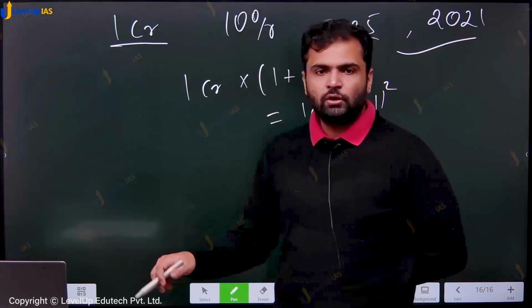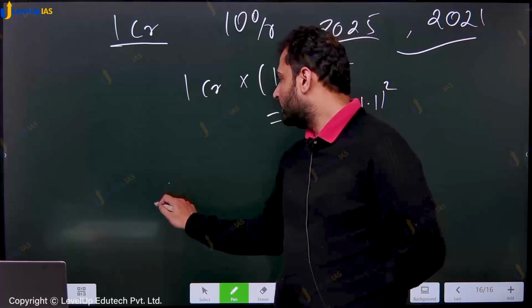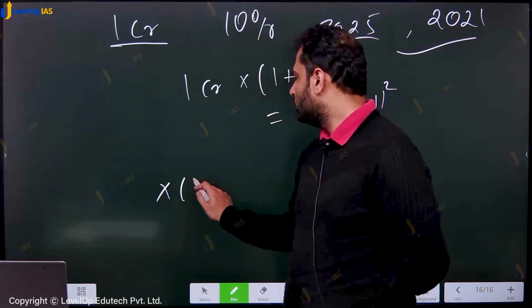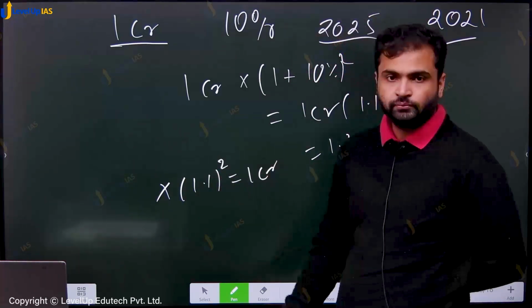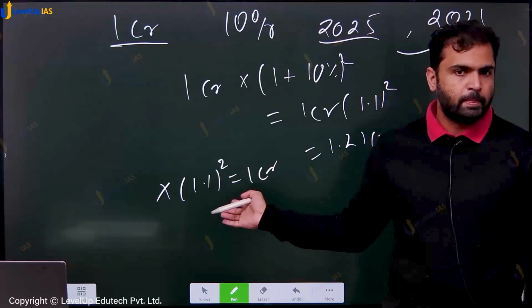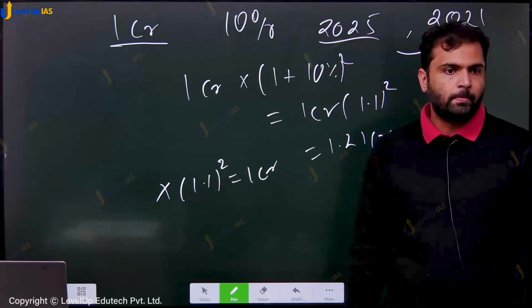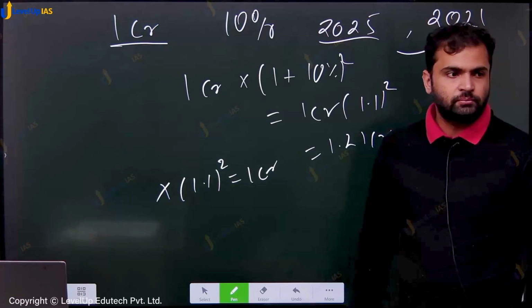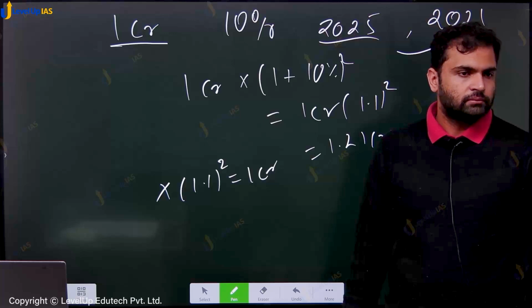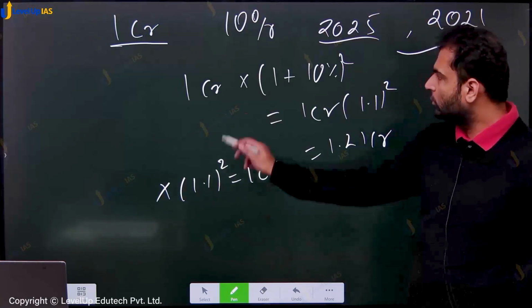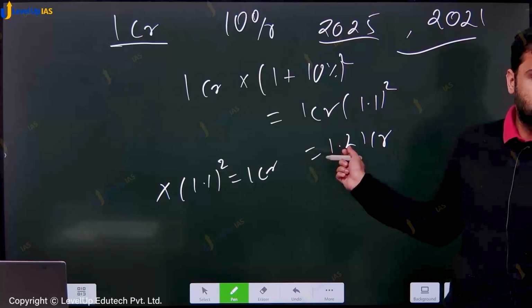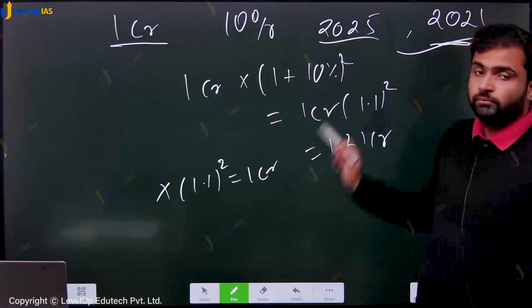We assume 2 years ago population was X. We have that population into 1.1 squared is equal to 1 CR, right? आज की population. ये तो 2025 की हो गई। How about 2021?